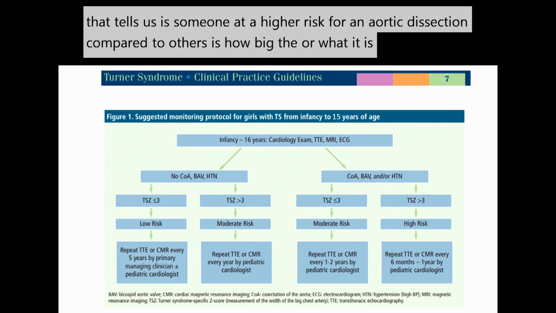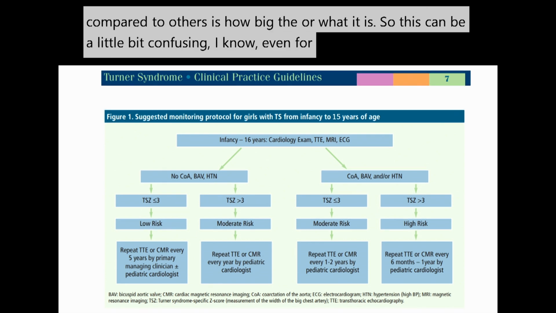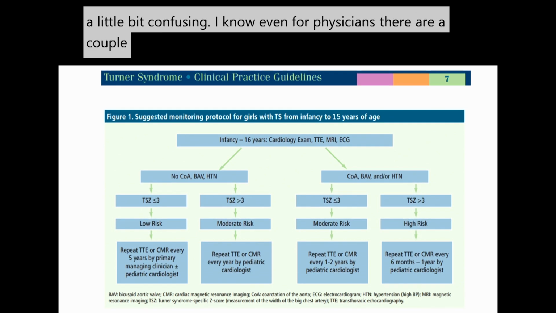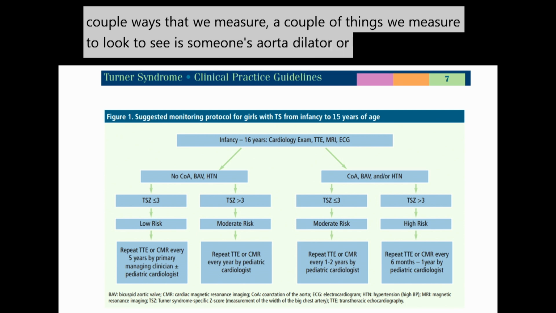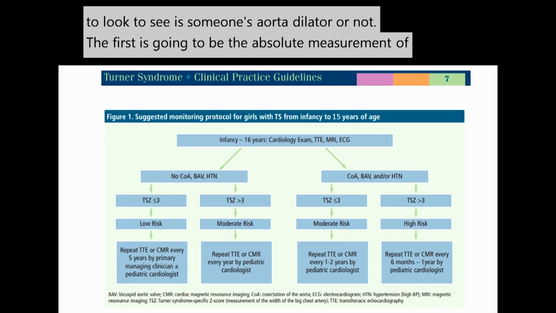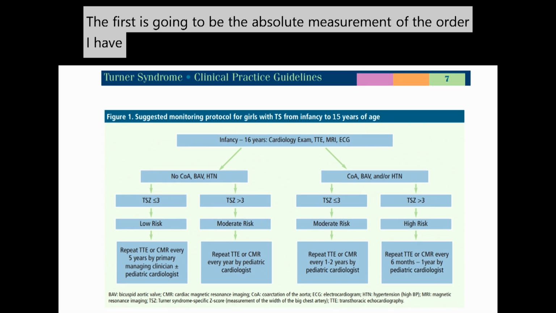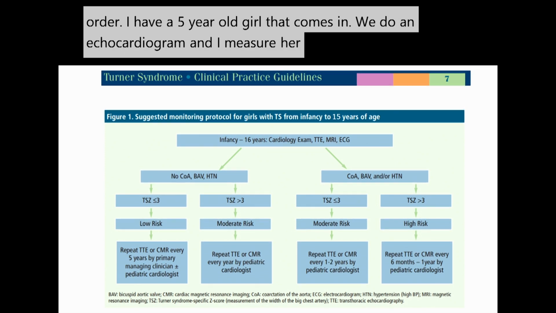So this can be a little bit confusing, even for physicians. There are a couple of things we measure to see if someone's aorta is dilated or not. The first is the absolute measurement of the aorta. I have a 5-year-old girl that comes in, we do an echocardiogram, and I measure her aorta to be 2 centimeters.